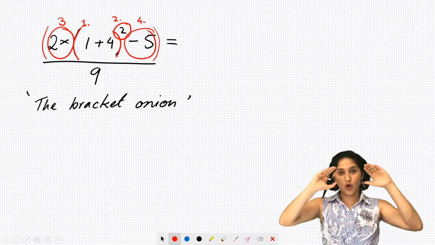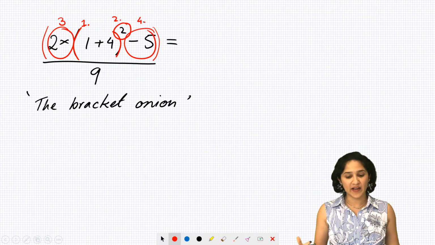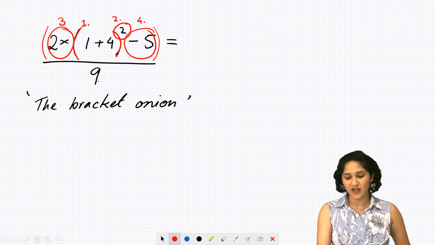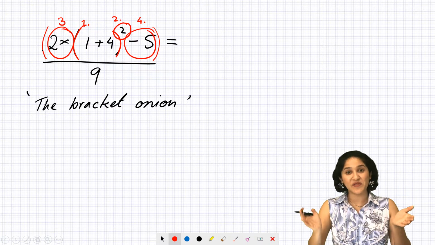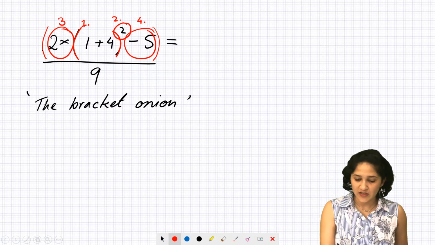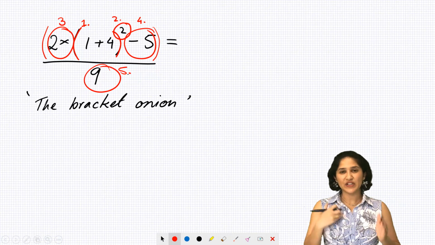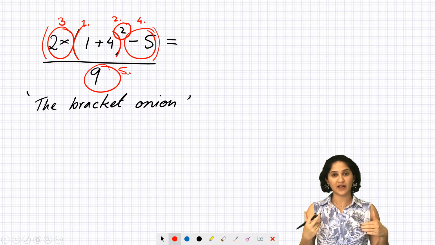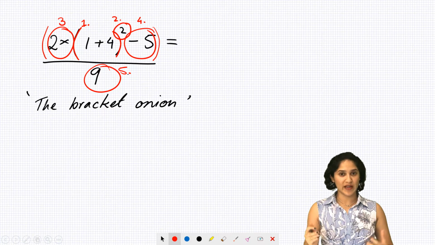Now I've done the whole outer bracket, so I divide that whole bracket by 9. Even though division comes before subtraction, because this subtraction is within the big implied brackets, that has to come before the division. So this is our 5th step. When we're using BIDMAS, that's what you have to get the hang of, figuring out what order all the different bits happen in.